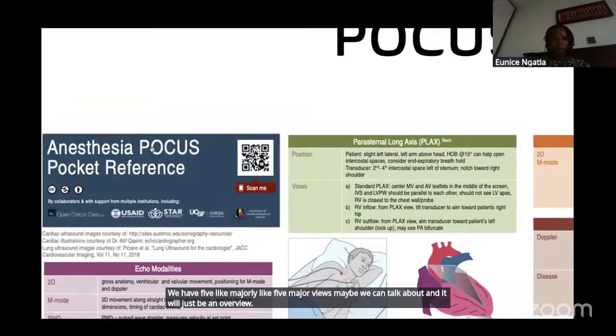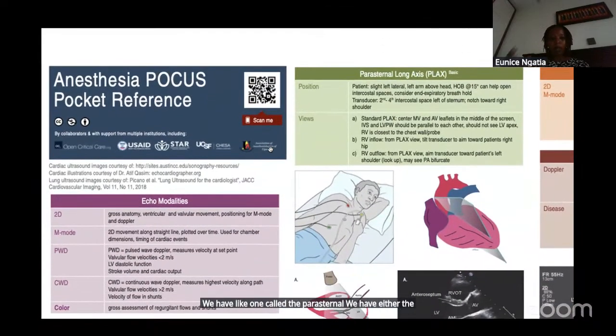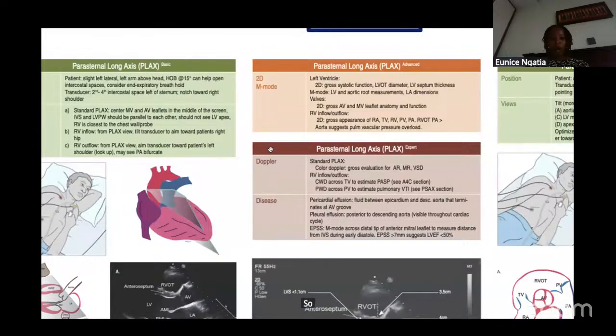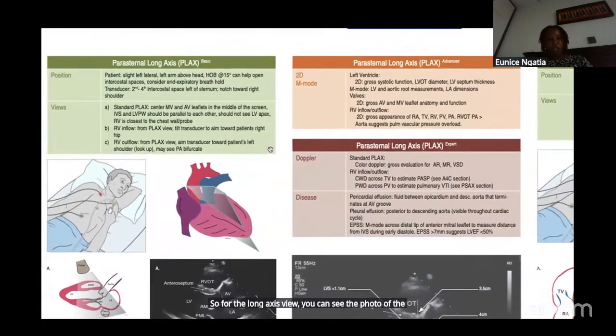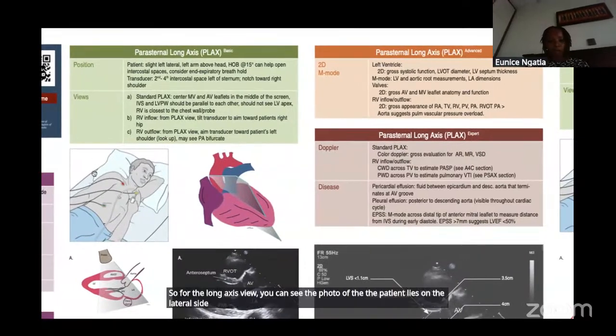We have one called the parasternal. We have the long axis and the short axis view. For the long axis view, you can see in the photo the patient lies on the lateral side. We put the probe on the second intercostal space.